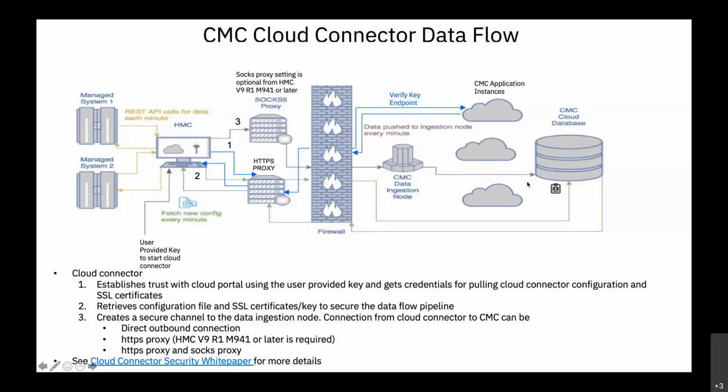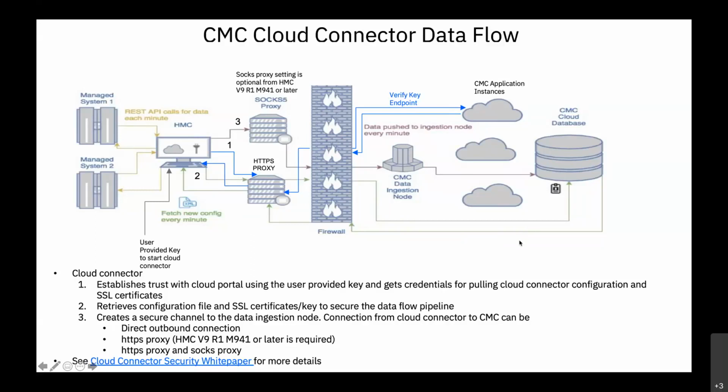Eventually, that data ingestion node will push it to the cloud database to store your data. So we require outbound connectivity to three endpoints. A couple of them are port 443. One of them is port 5044. So those are the current requirements. It can be a fully qualified domain name or IP. You can choose which you want when you are requesting.